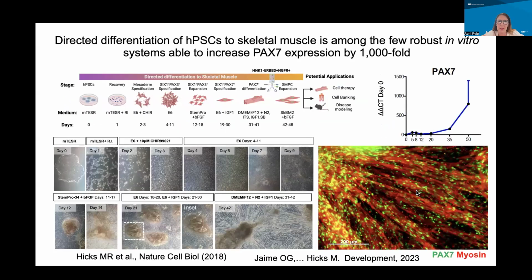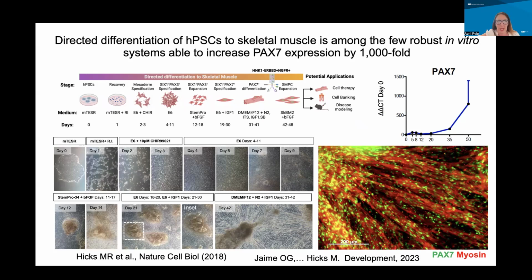So this is a busy slide, but an important one because it walks you through our strategies to generate the skeletal muscle in a dish. As I mentioned, in these current protocols we usually work in 2 dimensions.